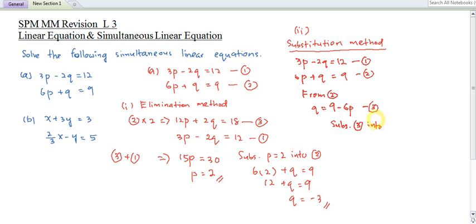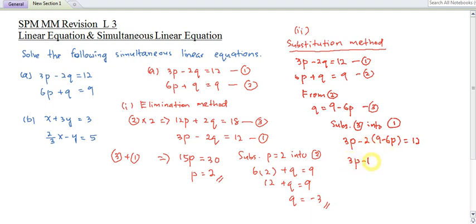You must substitute these things into equation number 1. So 3p minus 2q. What's q? q is 9 minus 6p. 9 minus 6p is equal to 12. Now you see, we only have one unknown, so we can just do some expansion here.